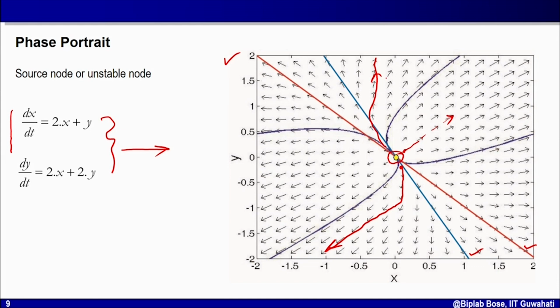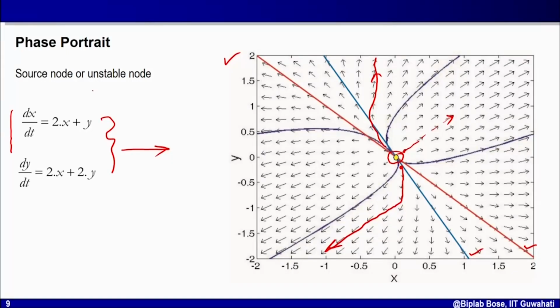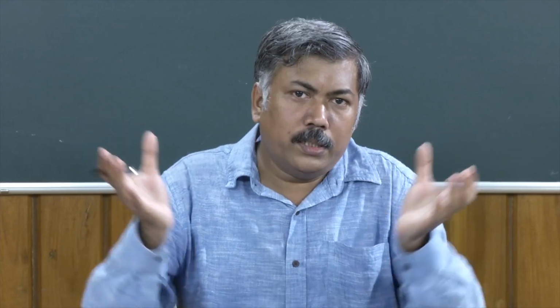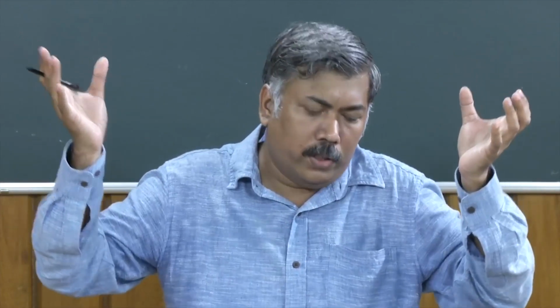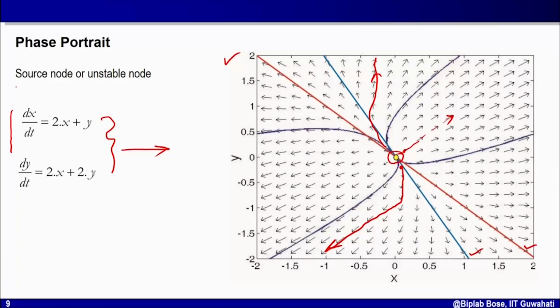So you can easily see by observing these trajectories that if you are at this steady state at the intersection point of two null lines, you will stay there. But if you perturb the system slightly, the system will diverge away. It will move away asymptotically from this steady state. So this type of steady state is unstable and it is like a source, from where all the trajectories are originating. That's why this type of steady state is called source node or unstable node.